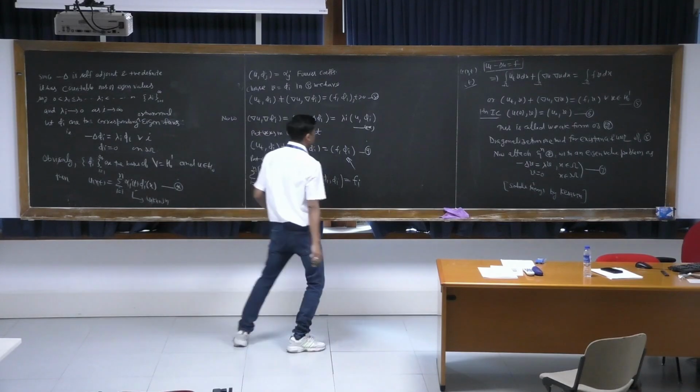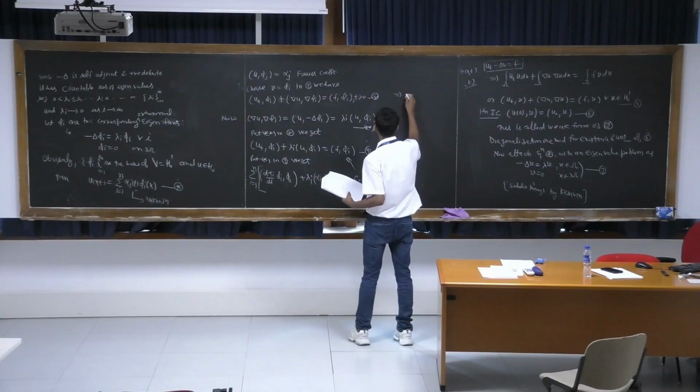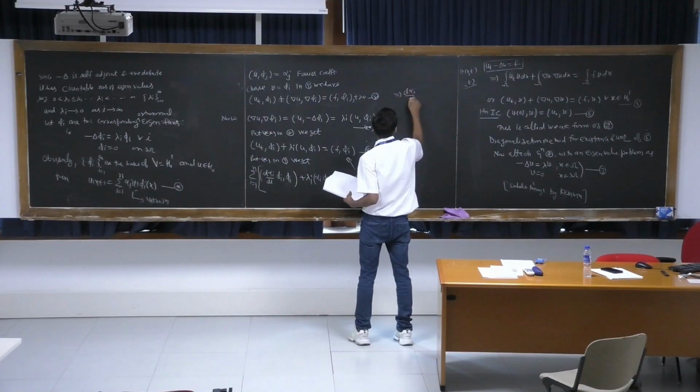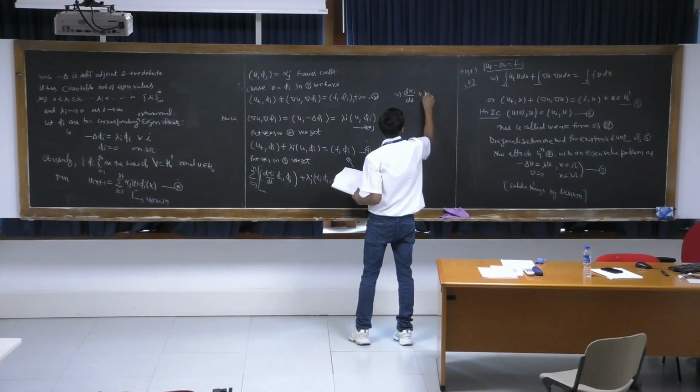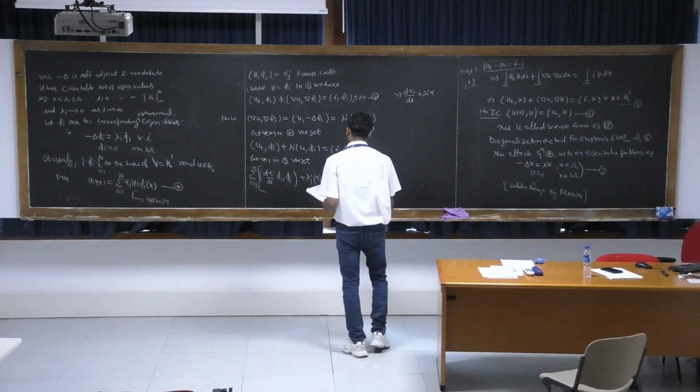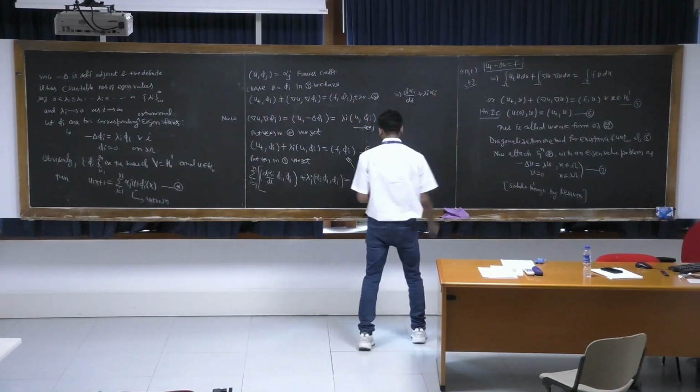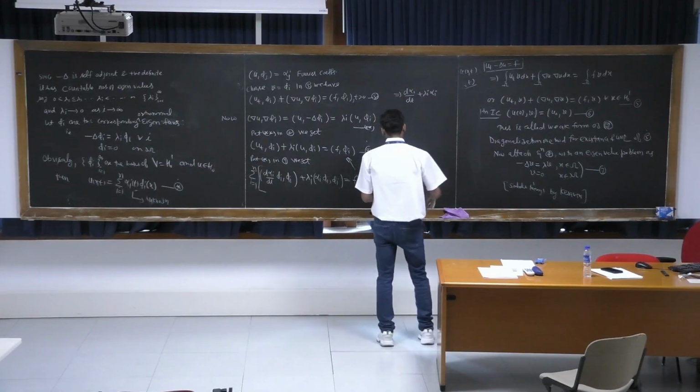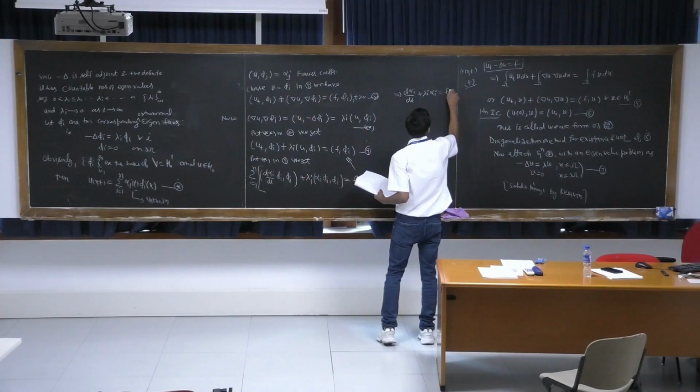The same here. So this becomes d alpha I by dt plus lambda I alpha I equal to f I.